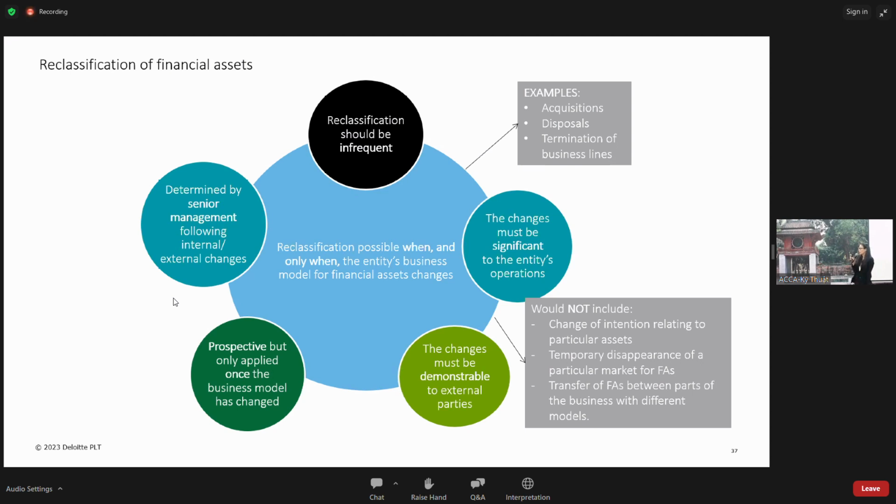So perhaps even your bankers, when you present your business plan for obtaining, let's say, a new loan, and there is a change in business model, it is demonstrable to them.